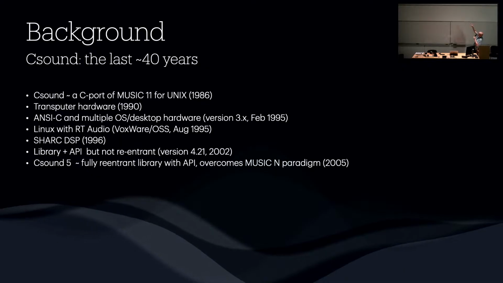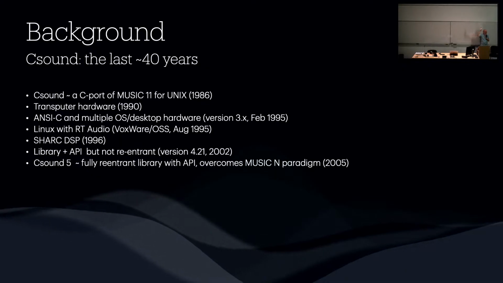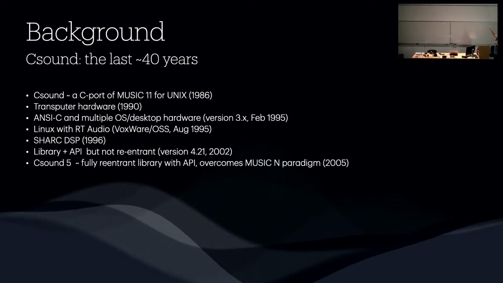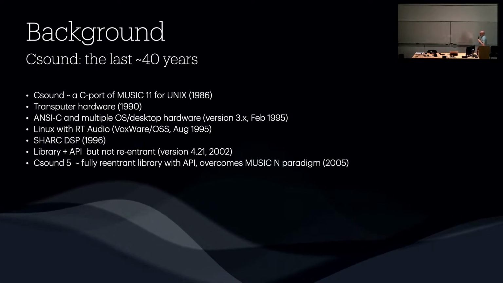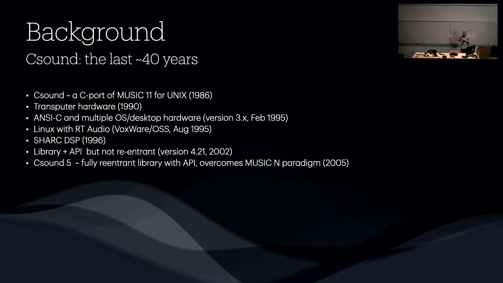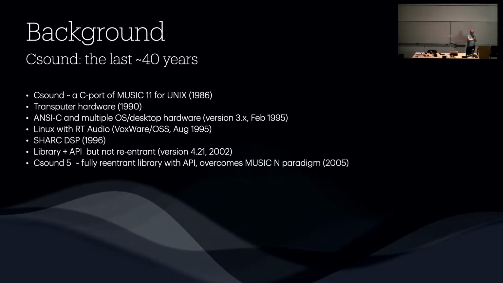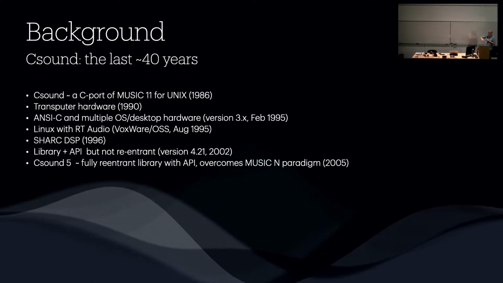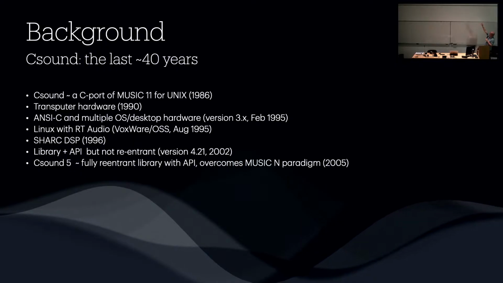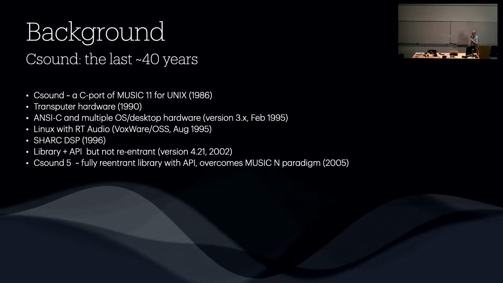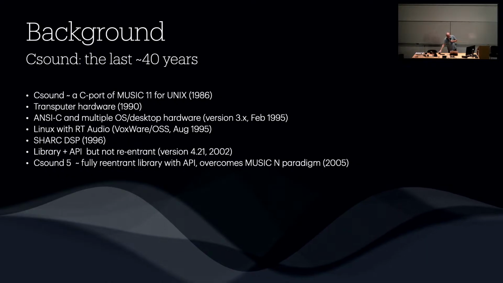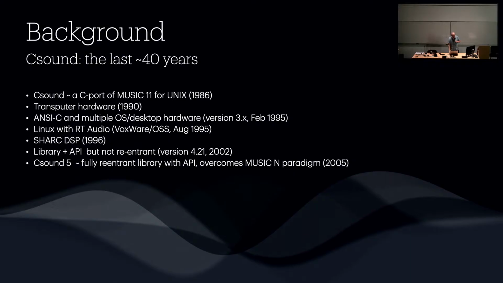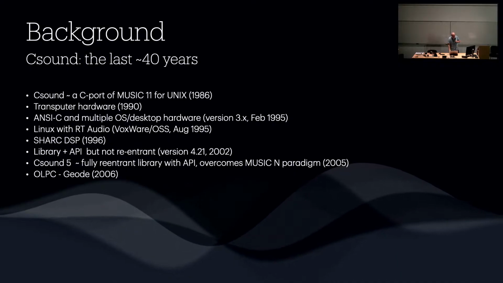And the important thing about Csound 5 is that suddenly we moved away from the Music N paradigm. You can still view it as a Music N paradigm system, but it's overcoming that, becoming a modern sound and music computing system.